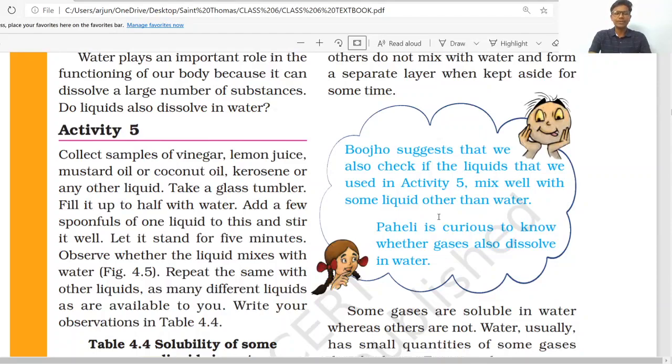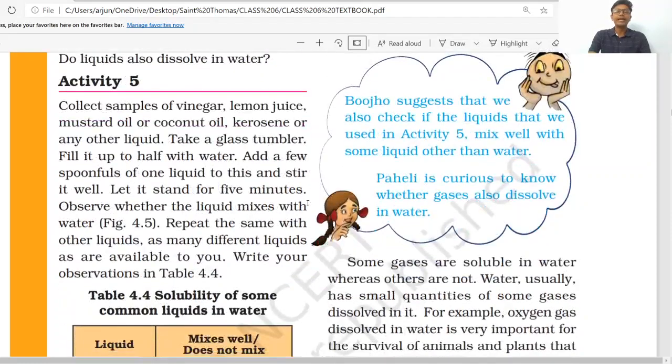Take a glass tumbler, fill it up to half with water, add a spoonful of one liquid to this and stir it well. Let it stand for 5 minutes. Observe whether the liquid mixes with the water. Repeat the same with the other liquids.